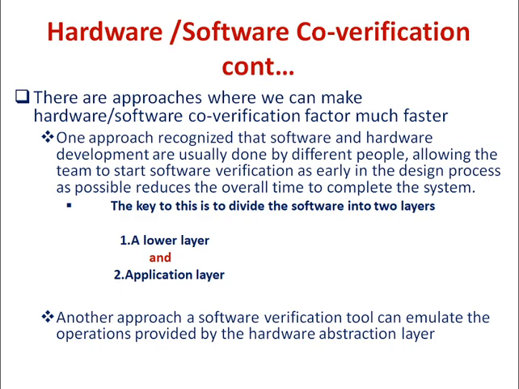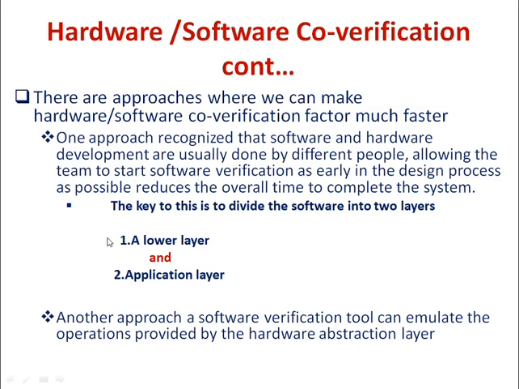It provides an abstract interface that can be called by the application layer. With this division of embedded software, development and verification of application layer code can proceed without waiting for the hardware design. Therefore, we can directly go with this software by using this first approach.